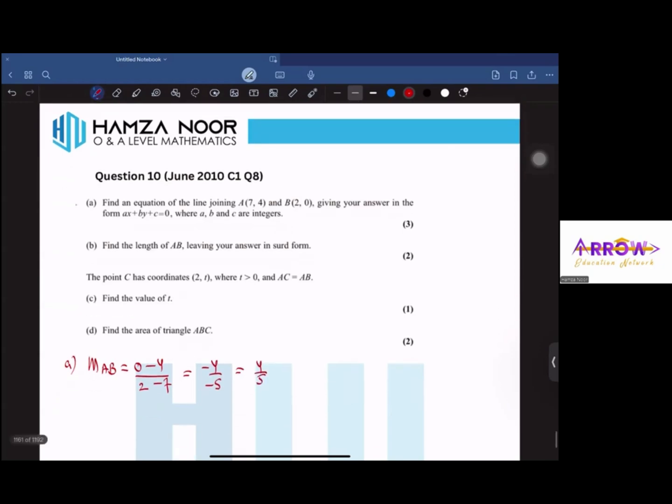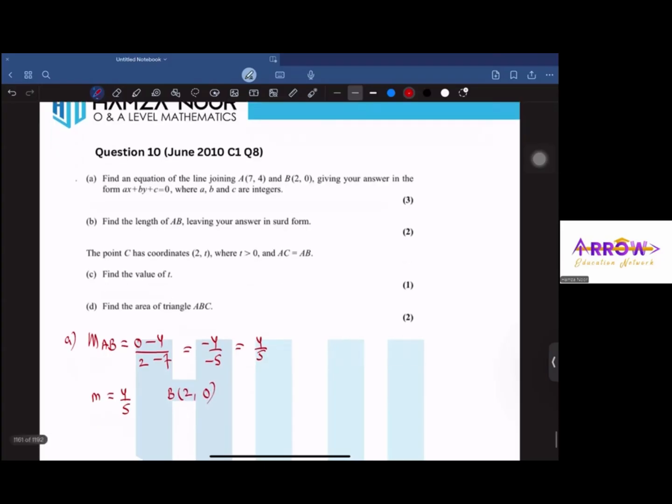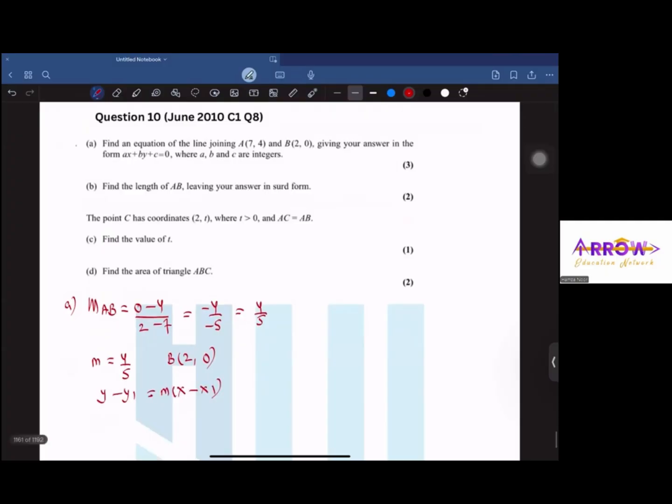Okay. And when I'm finding the equation of the line AB, the gradient is 4 over 5 and it passes through the point B, which is 2, 0. I'm using this point B. You can use point A as well. Okay, so y minus y1 is equal to m multiplied by x minus x1. All right, so I can say that y minus 0 is equal to 4 over 5 multiplied by x minus 2.